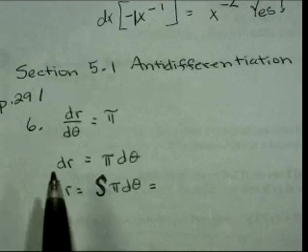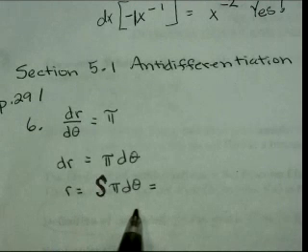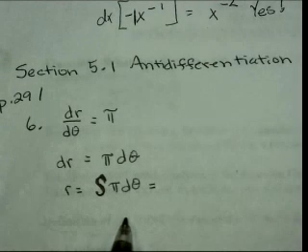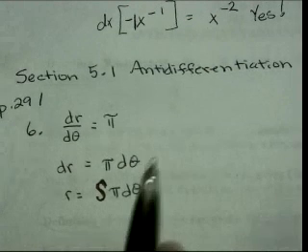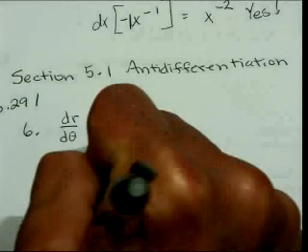When I integrate to find r, d theta tells me what my variable of integration is, or what my variable of differentiation was. Instead of saying r must have been pi times x, this equation doesn't have x's in it, it has theta. R would have been pi times theta.